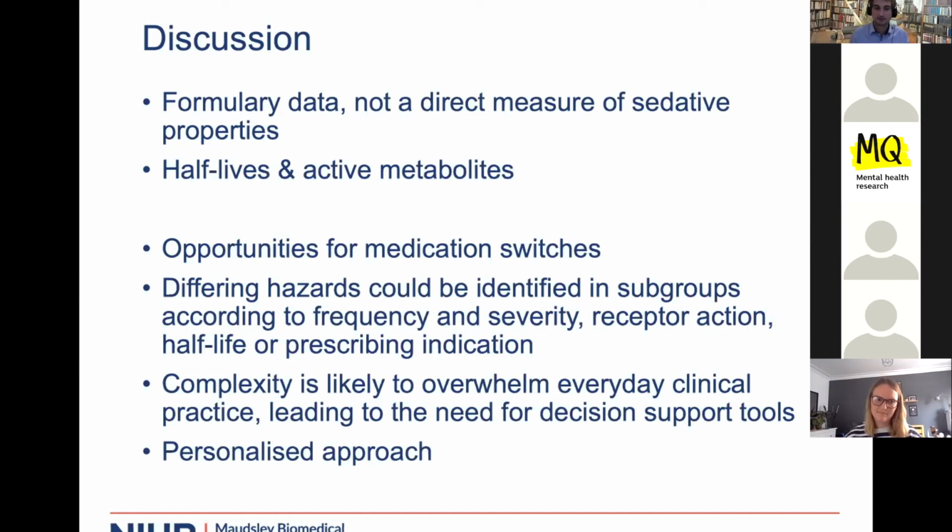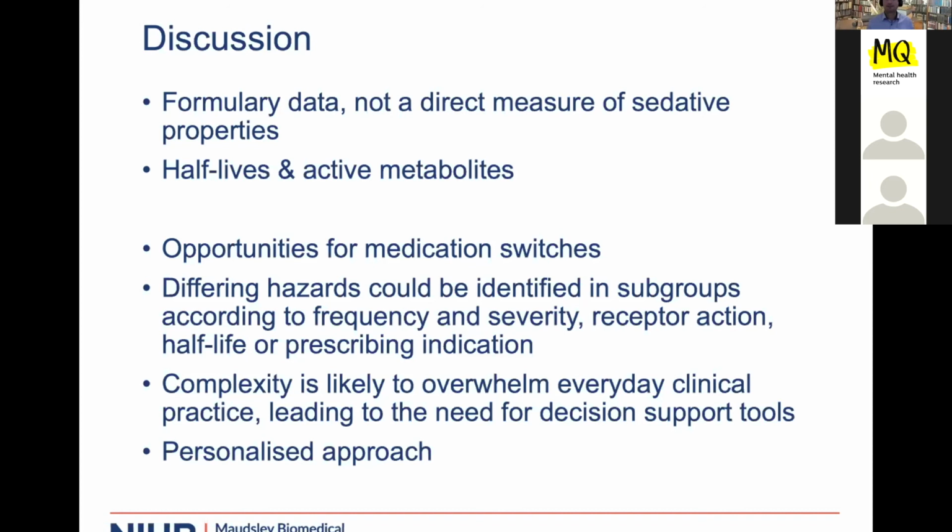So you see it is all quite complex, and this complexity is likely to overwhelm everyday clinical practice. If a clinician really needs to think about all of those things, you can't really do this in a very short clinic slot. That re-emphasizes the need for decision support tools to have a more personalized approach towards mental health care.